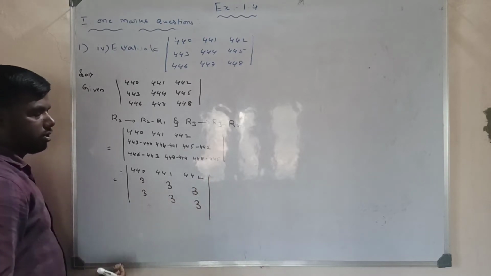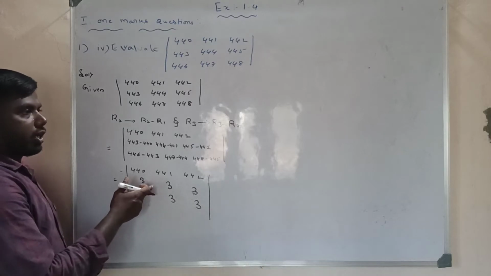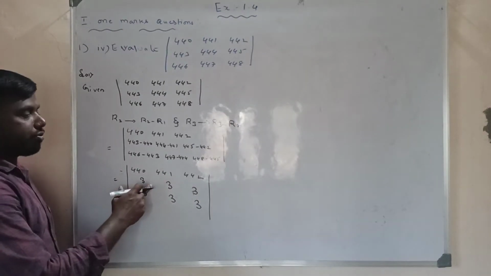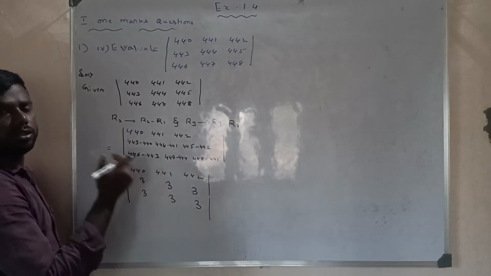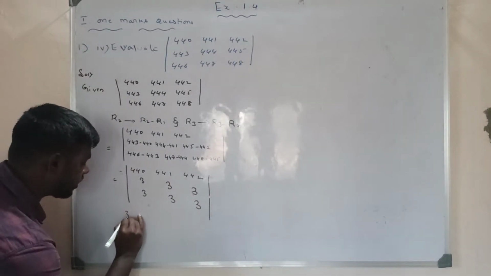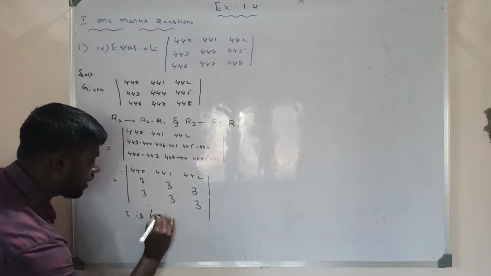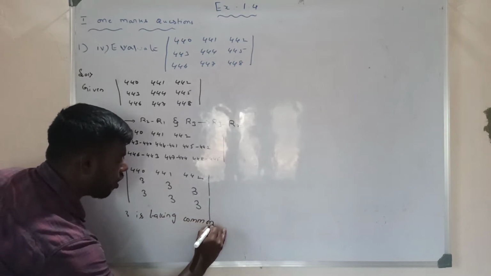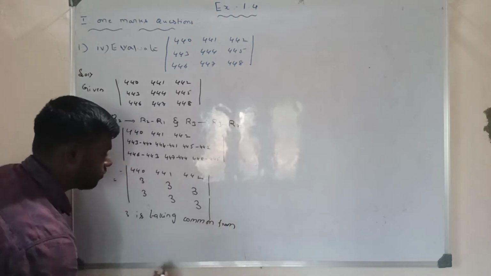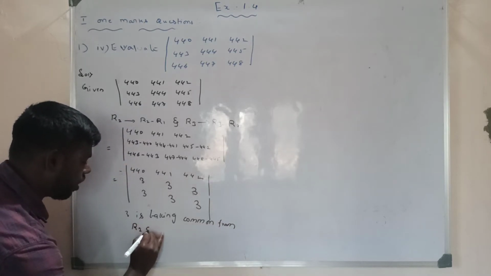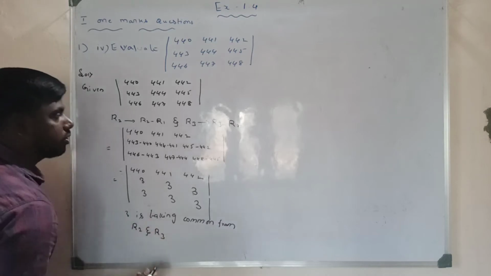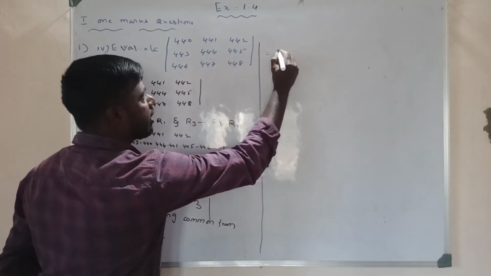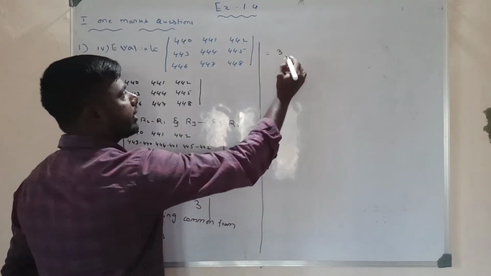Now 3 is taken common from the second row and the third row.